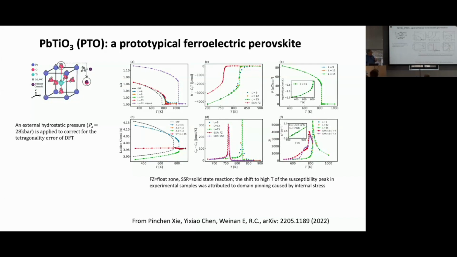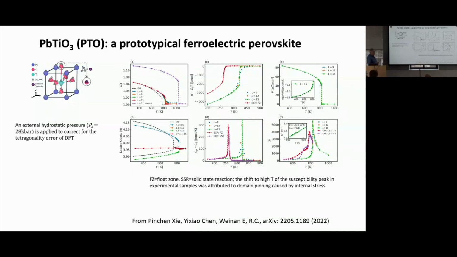And this phase transition is a first order phase transition. The system is on average cubic in the symmetric, high temperature phase, but it has a tetragonal distortion in the ferroelectric phase.